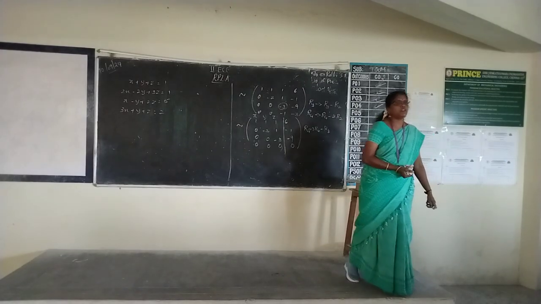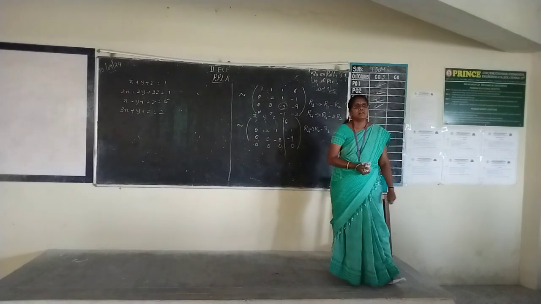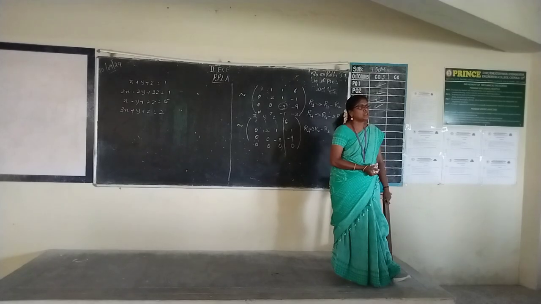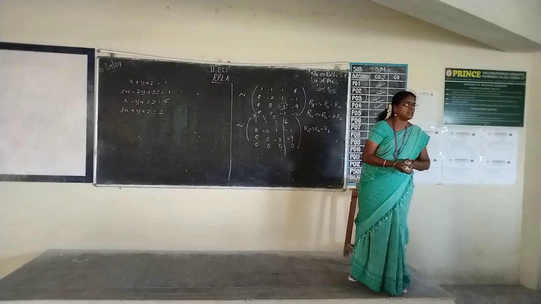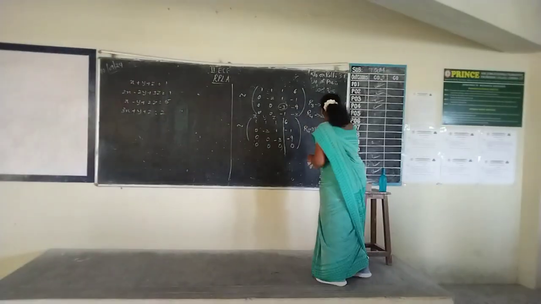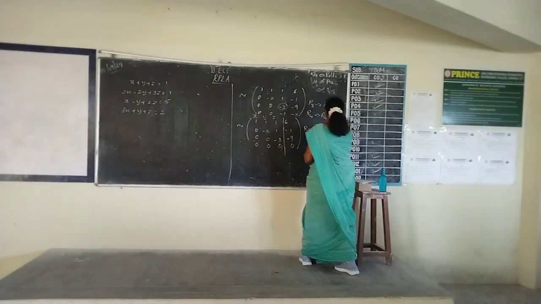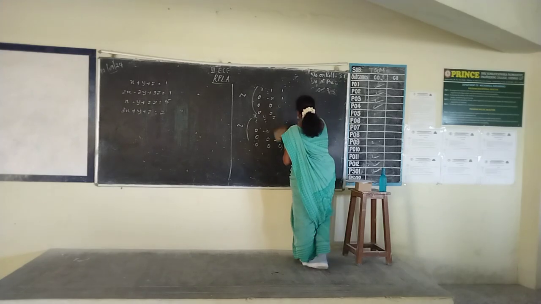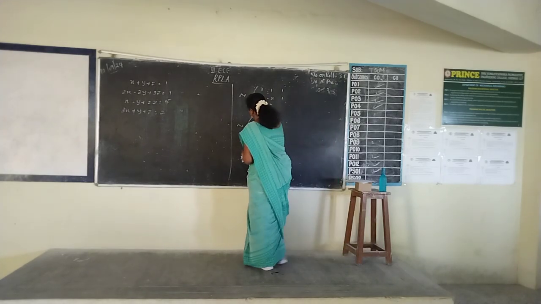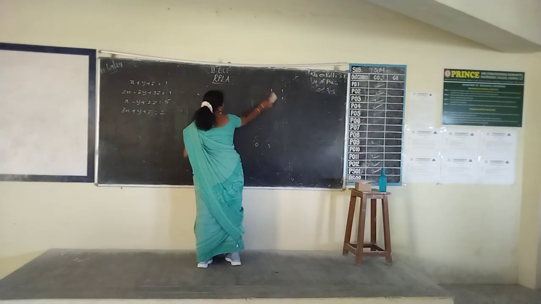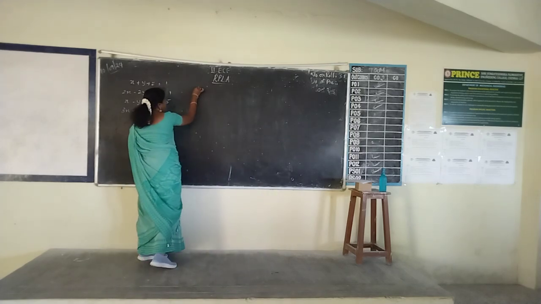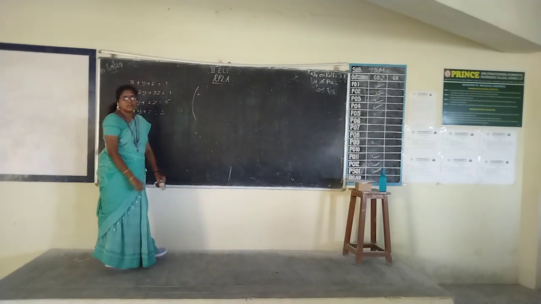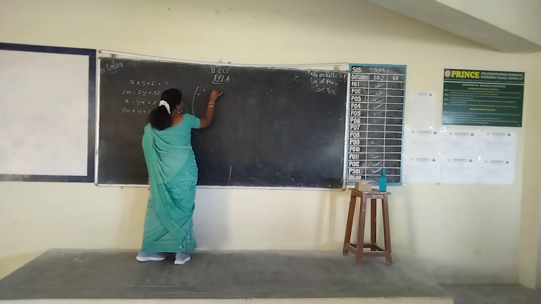What is the step 1 you have to do? The given system of equations is equivalent to the form AX equal to B, write it. So tell me the matrix A. First row is 1, 1, 1.